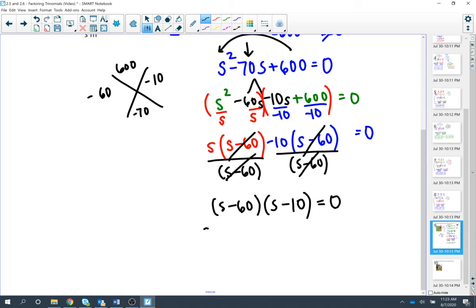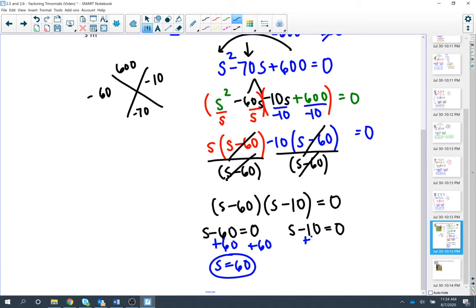So S minus 60 equals 0. S minus 10 equals 0. On the first one, I'm going to add 60, and I'm going to get S equals 60. On the second one, I'm going to add 10, and I'm going to get S equals 10.